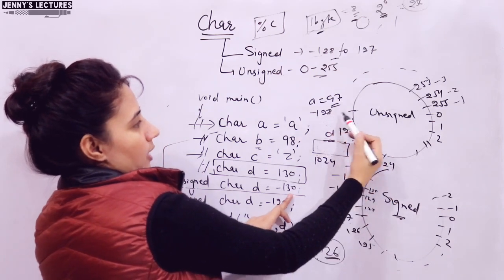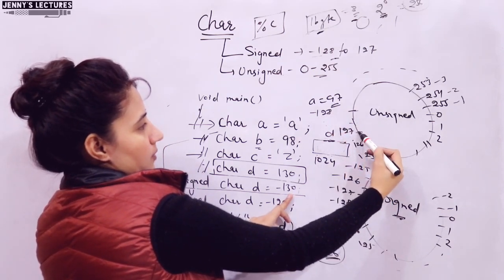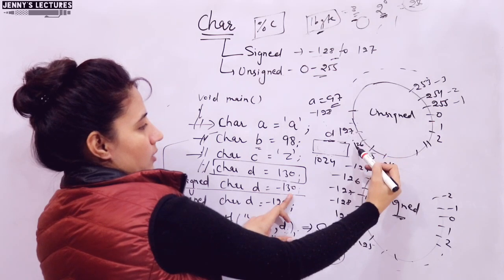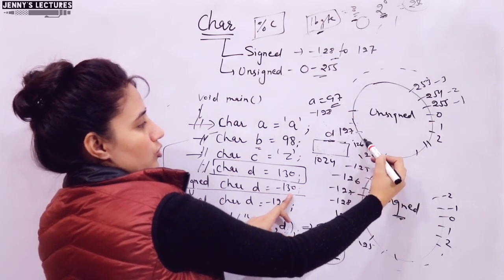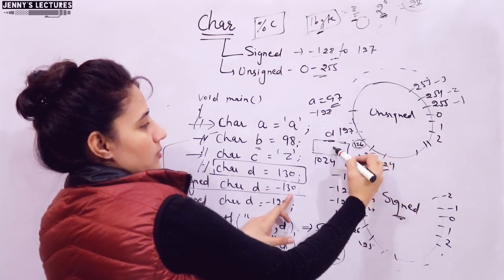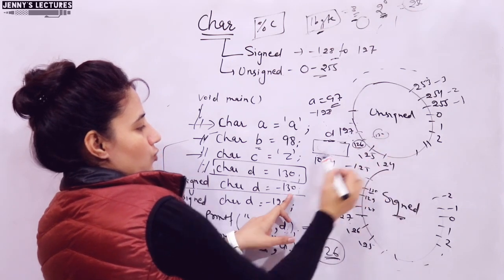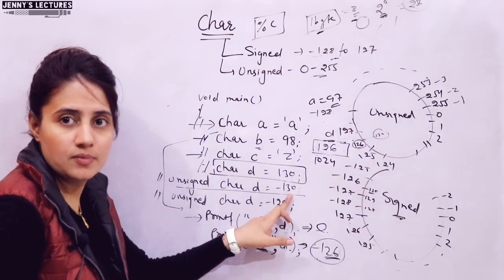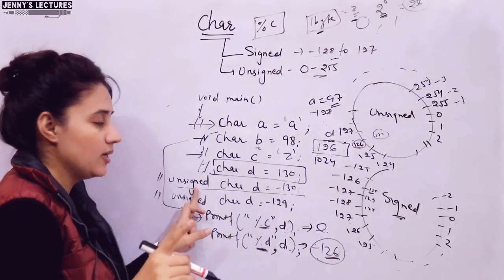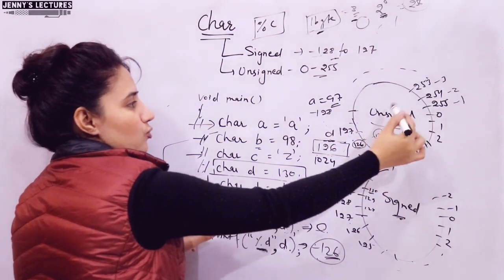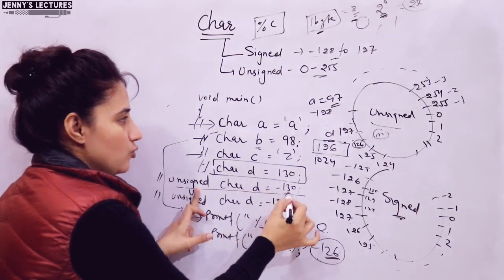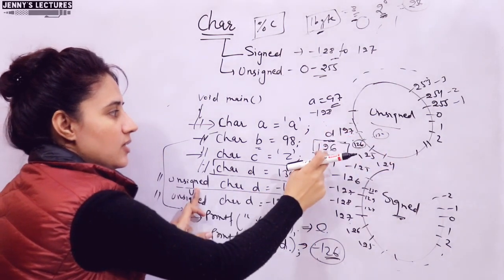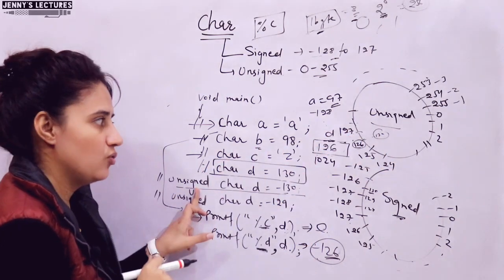So minus 128, then if we come this side, minus 129, minus 130. So corresponding to 126, the minus 130 value is there. So what value is to be stored here? 126, right? Because here I am taking unsigned. So I am going to refer to the unsigned circle. Corresponding to minus 130, what value is there in the unsigned circle? That would be stored. The binary form of that value would be stored.